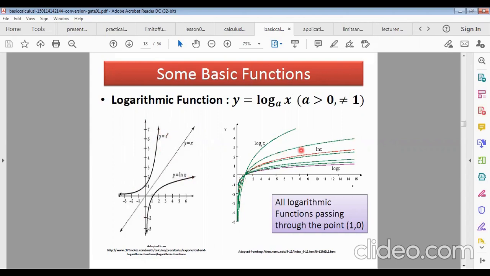We can plot this, and remember this also passes through 1, 0. X equals 1 and y equals what? 0. If x equals 1, then we get y equals 0 because log 1 equals what? 0. ln 1 equals 0. This is why you get this.